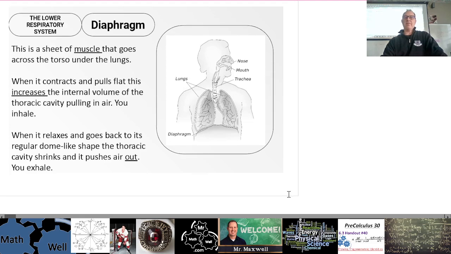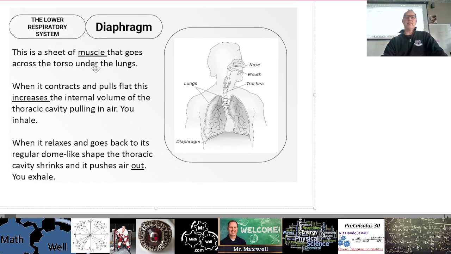Okay, the diaphragm. This is a sheet of muscle that goes across the torso under the lungs. So your diaphragm is up here. When it contracts and pulls flat, this increases internal volume of the thoracic cavity, pulling in air. So when this tightens, it sort of pulls everything down and expands the cavity.